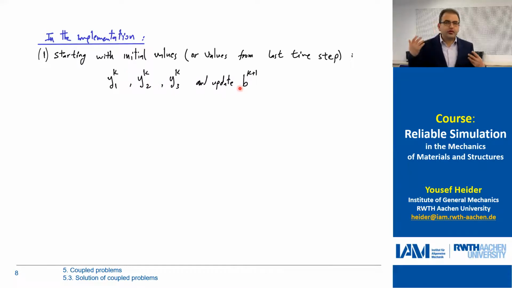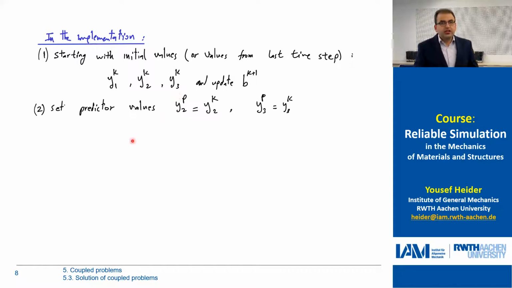And then if our problem is a force-driven problem, we are updating the force at each time step. By updating the force, we have to compute the corresponding displacement, so it would be the y1, y2, and y3 vectors. In the second step, we start with the initial values and put in predictor values.